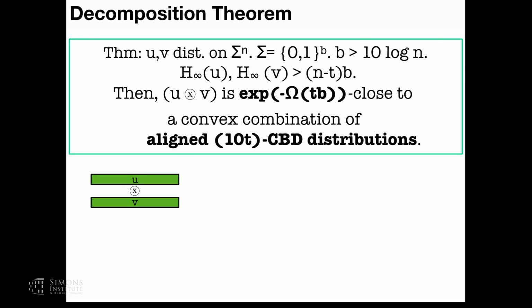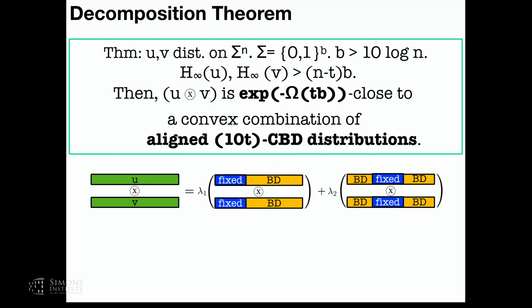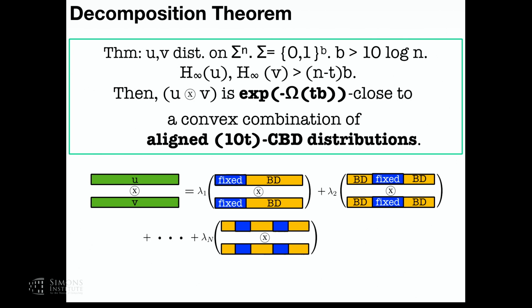So they're missing t symbols of entropy, right? I can write them as a convex combination of dCBD sources, which are aligned. Each one of them has roughly some constant times t fixed coordinates. In the remaining coordinates, you have blockwise dense, up to some exponential error in t, the number of coordinates that you're fixing. This is the main decomposition theorem.